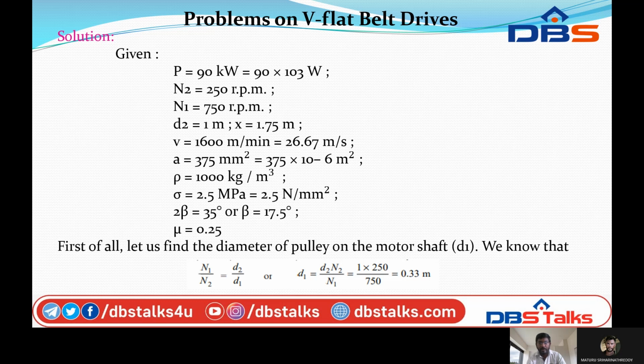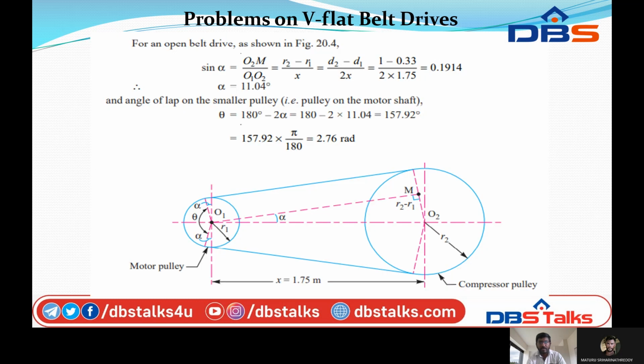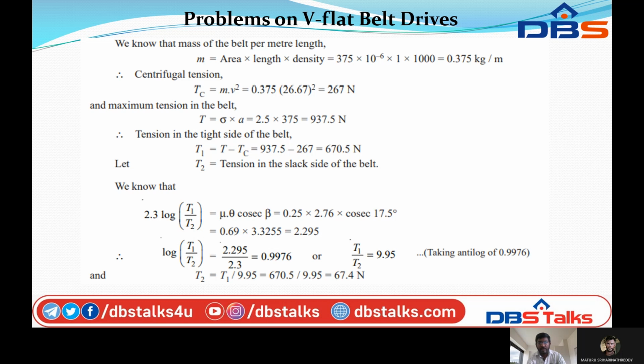This will be converted to meters, so 375 into 10 power minus 6 meter square. So substitute the area value 375 into 10 power minus 6, into length 1, into density rho, also given, 1000. So we can calculate the mass, m is equal to 0.375 kg per meter.